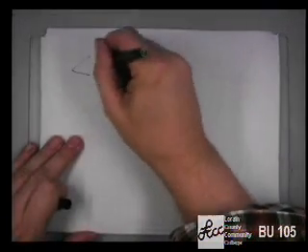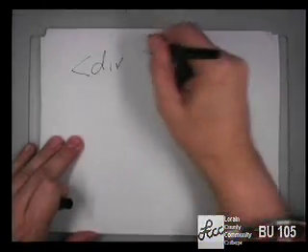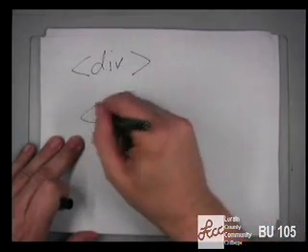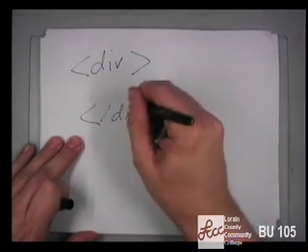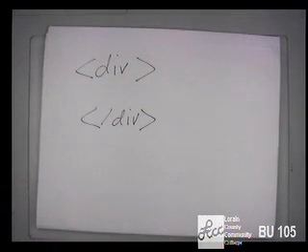Why do we even bother needing to know how it used to be? All right. It used to be that there was only one tag that represented a section or chunk of the page, and that was the div tag. Div tag looks like this: start div, end div.